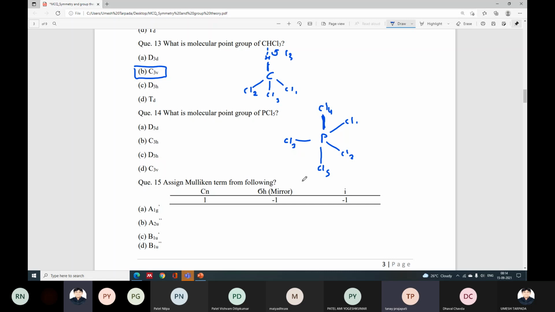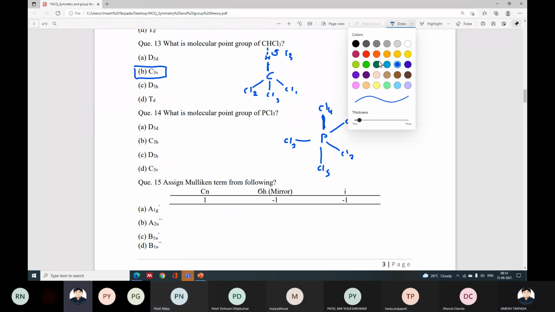C3. It will be D3, how will it be C3? Which is the principal axis? Through which does C3 pass? It is just a trigonal pyramidal shape.